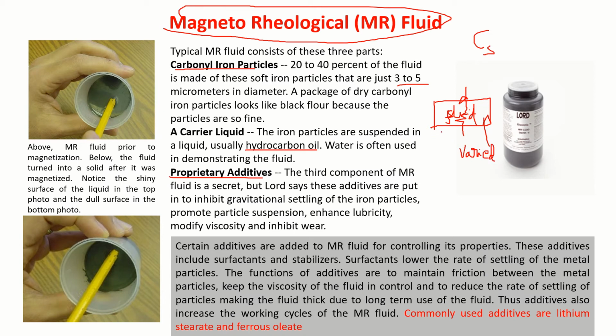Initially it is in the liquid state. As the current passes through this conductor, a magnetic field is created, and that magnetic field will align the particles. How closely it brings the particles, how it aligns, depends on the rheology changes, and that change in turn depends on the current. By controlling the current, it is possible to control the rheology.